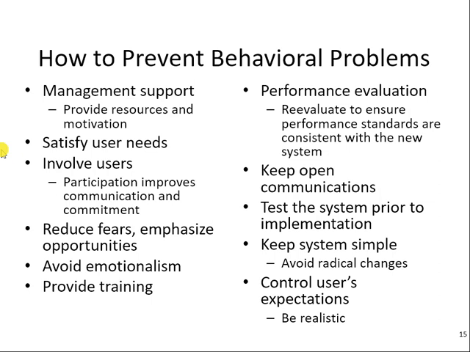The system is to satisfy the user's needs. We're going to have the users get involved and communicate well. And of course, provide training. And you can go through the long list on your own.